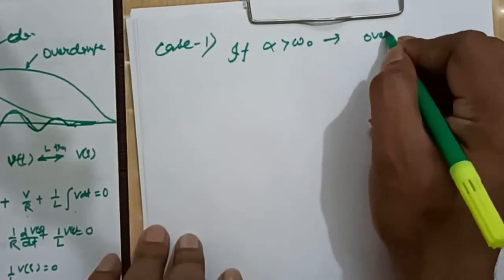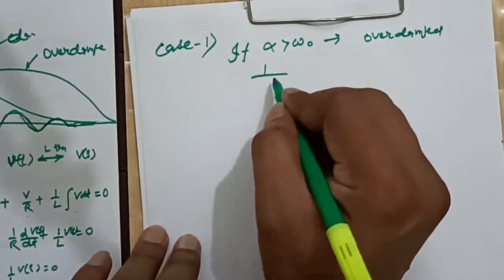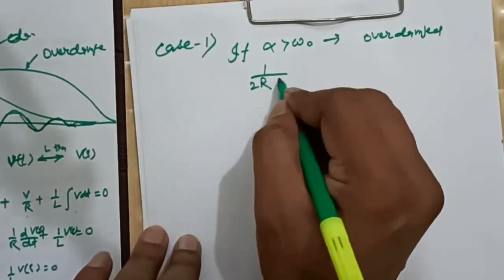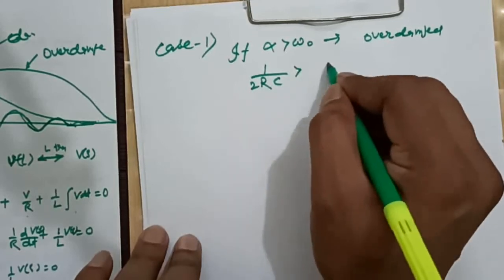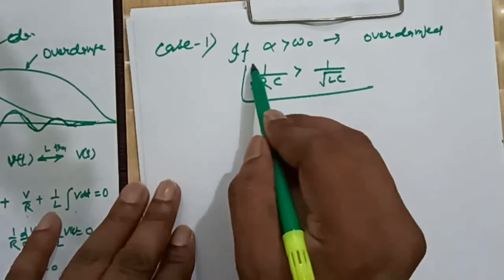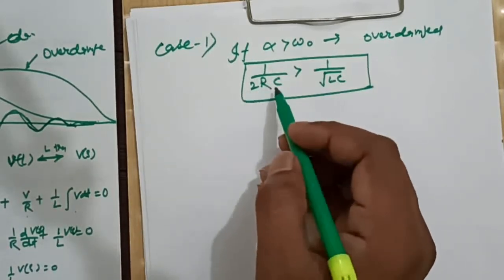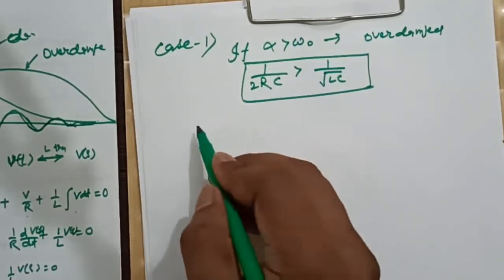Same as the previous one, this will be overdamped, meaning for an overdamped parallel RLC circuit, this will be the condition. Means if a circuit is given as a parallel RLC circuit, then for this circuit to be overdamped, this condition must be satisfied.